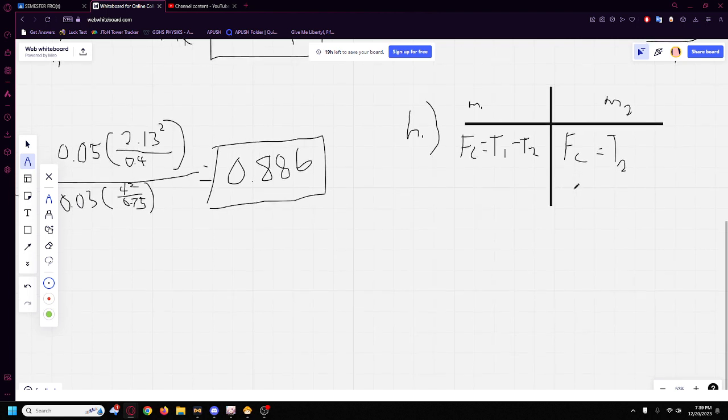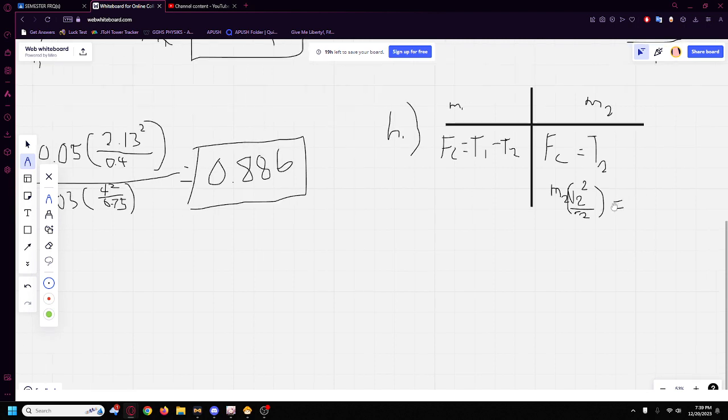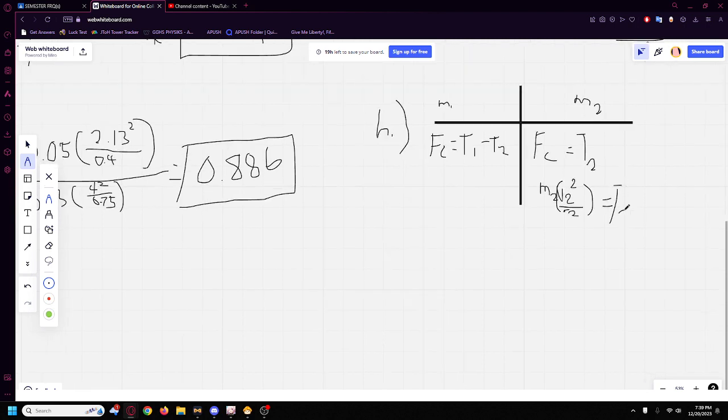So we know FC is equal to M2 V2 squared over R2, and that's equal to T2.